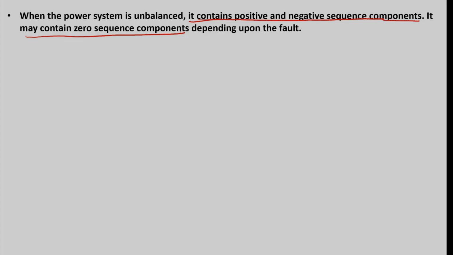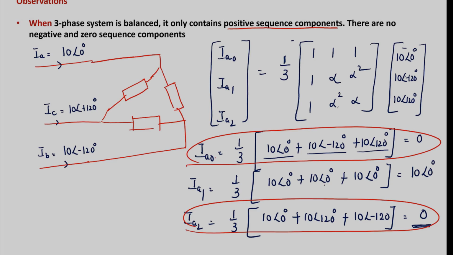To understand this, if we go back, how do we create unbalance? Simple. You assume this current is 0. Here there is an open circuit. Some fuse which is present here has blown. So this one phase became open circuited. Now my system is unbalanced.